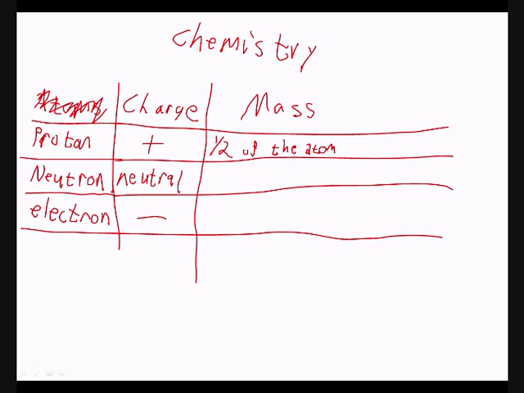So understand that this is mostly mass here. And it's the same thing for the neutron. Anyway, the protons and neutrons basically make up the mass of the atom.